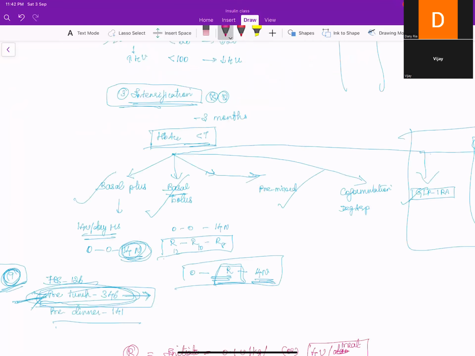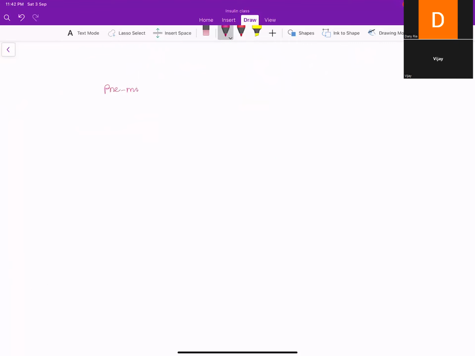What about premix insulin? Premix insulin, I already told you regarding the combination: 30-70, 40-60, 50-50.